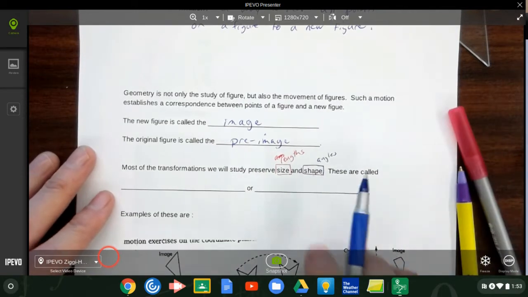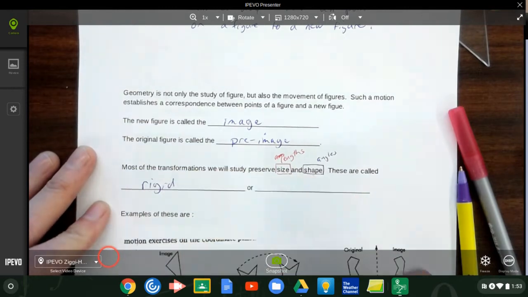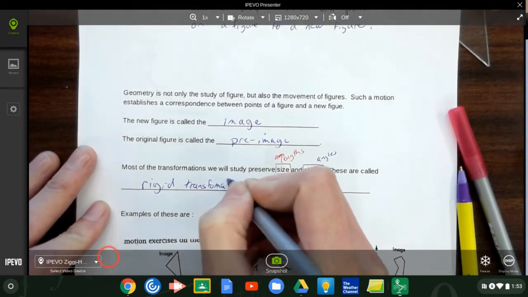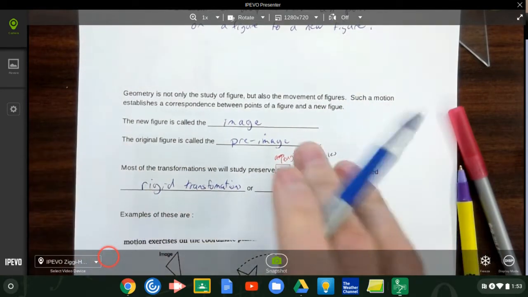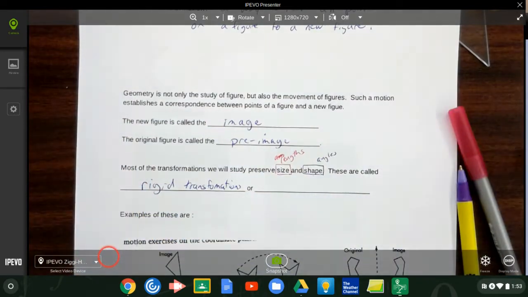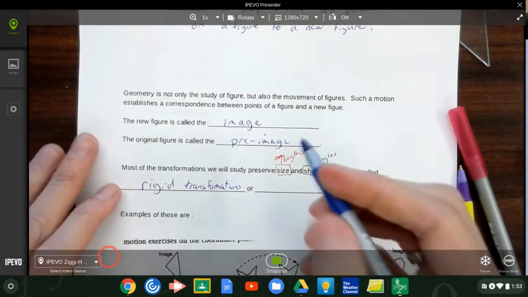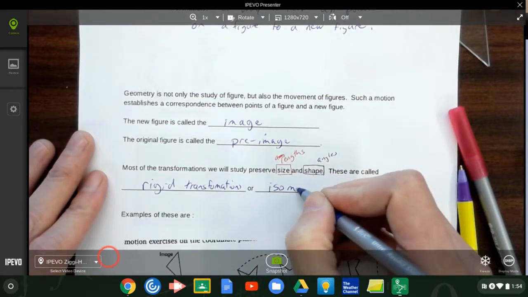Okay, these types of transformations are called rigid transformations. They're called rigid because rigid means stiff. It doesn't move. This pen is considered rigid, but this piece of paper is not rigid. Okay, so rigid is stiff and not moving. The big fancy word is isometries.